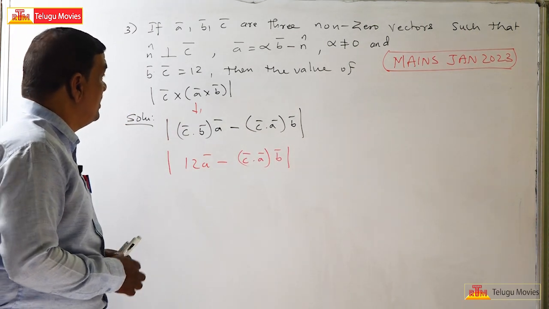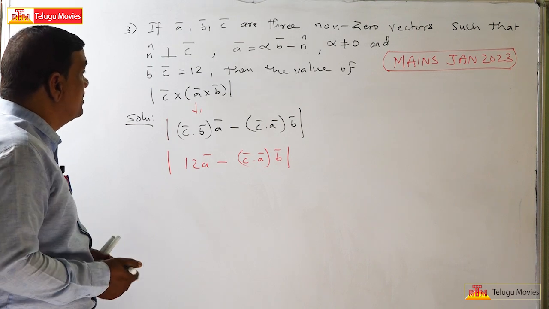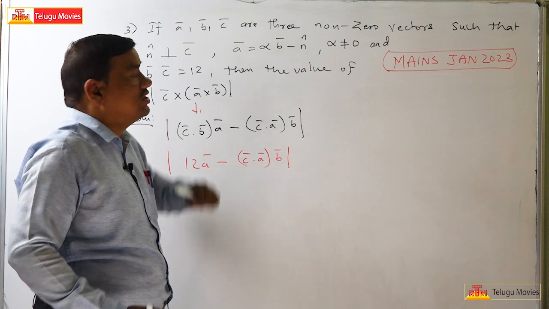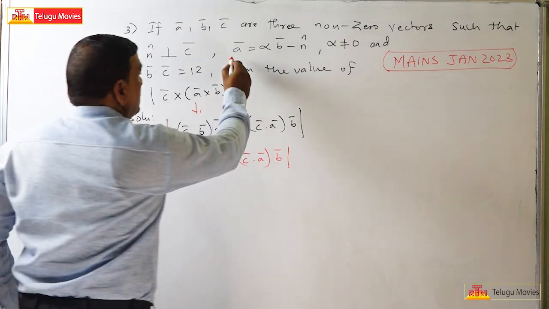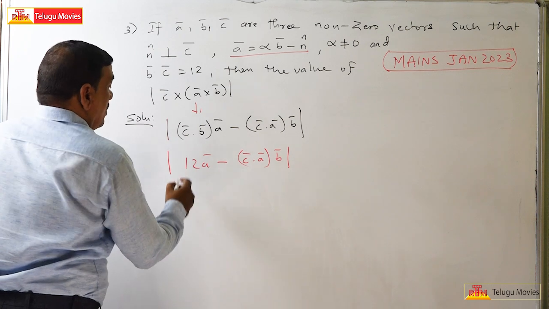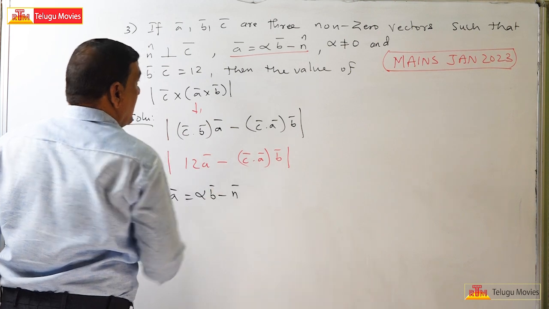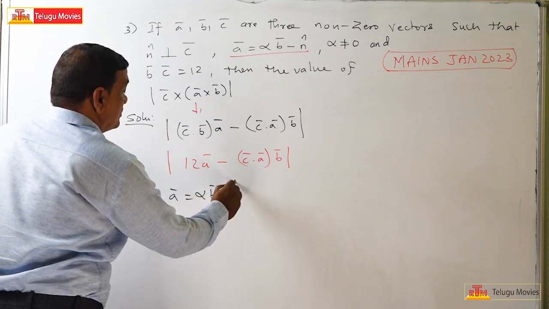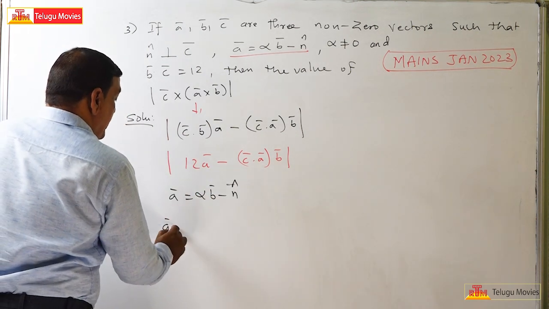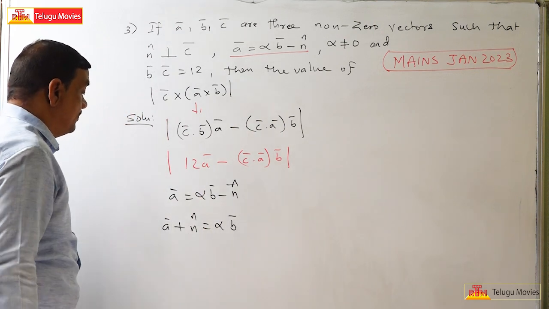Now let us see here. Anything we can substitute. Now let us see this information. It is given that A bar is equal to alpha B bar minus n cap. So A bar plus n cap is equal to alpha B bar.